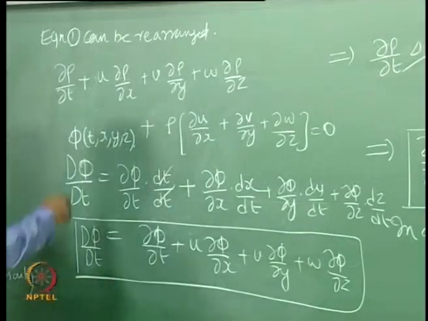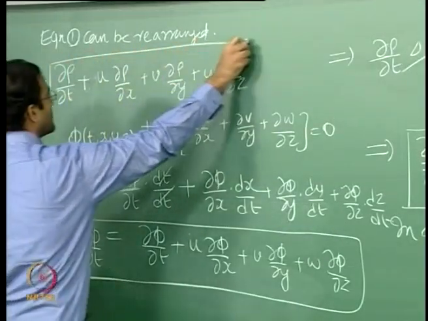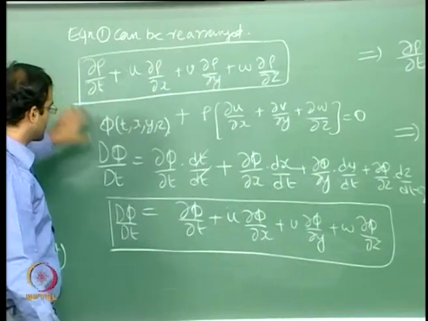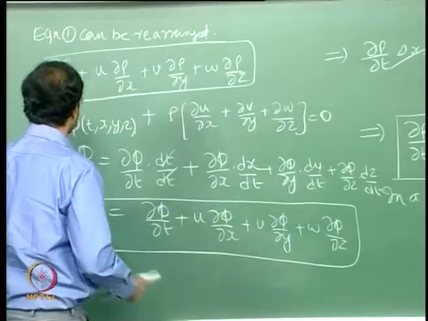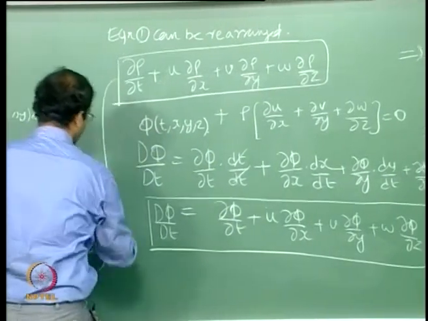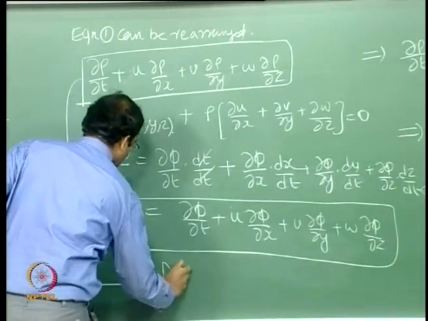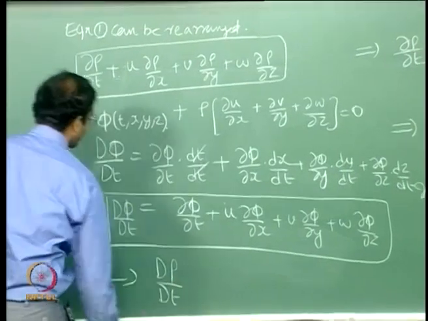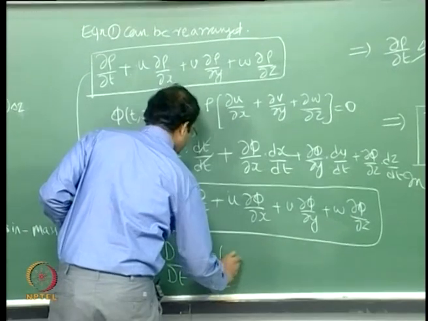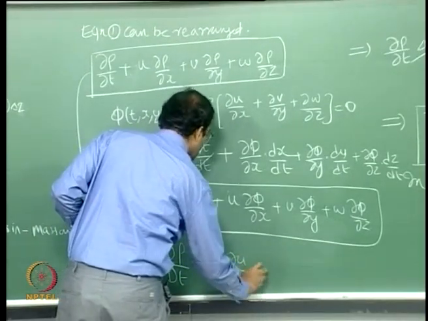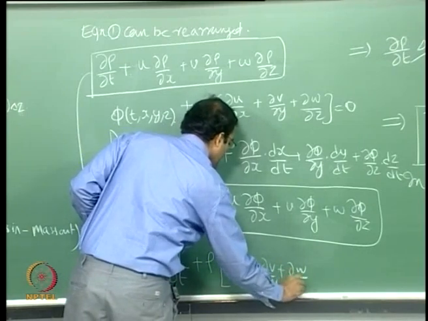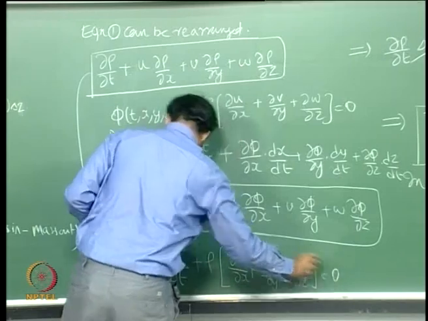And if you can see this particular form here, instead of phi we have rho, and other terms are similar to the terms here, and therefore we can write this equation as d rho by dt, that is the total derivative of density, plus rho times du by dx plus dv by dy plus dw by dz, which is equal to 0.